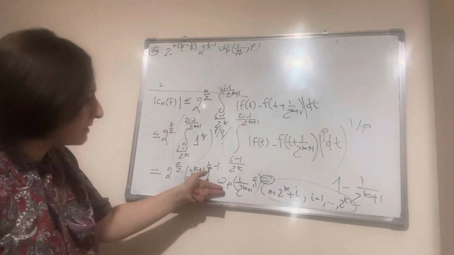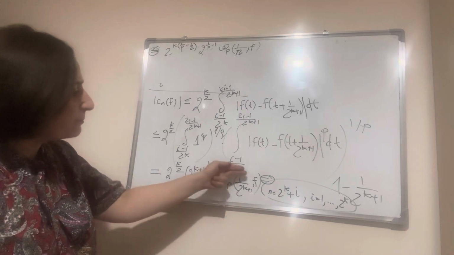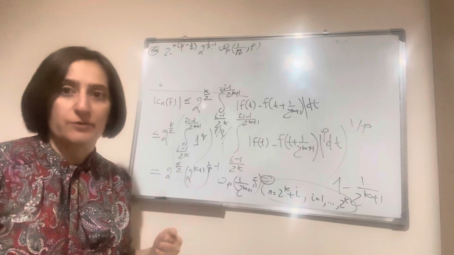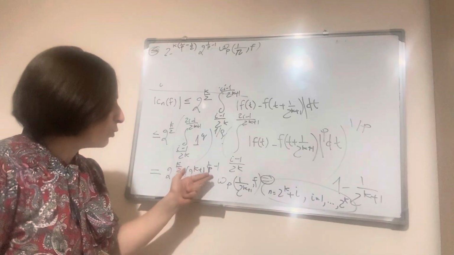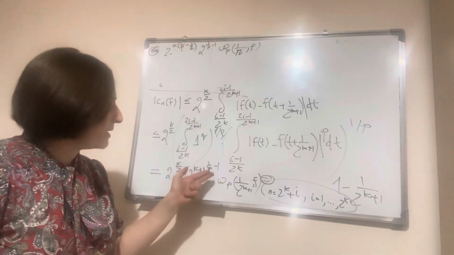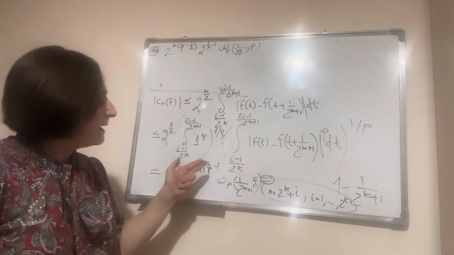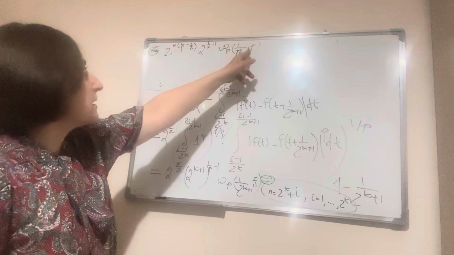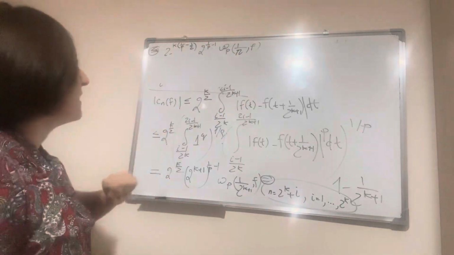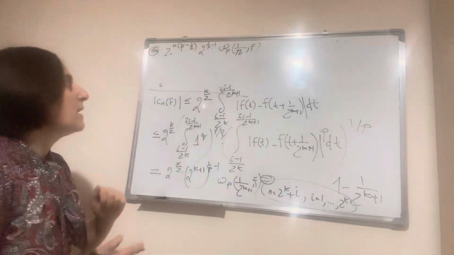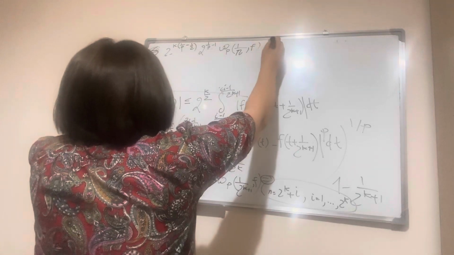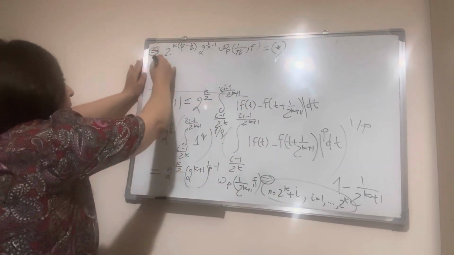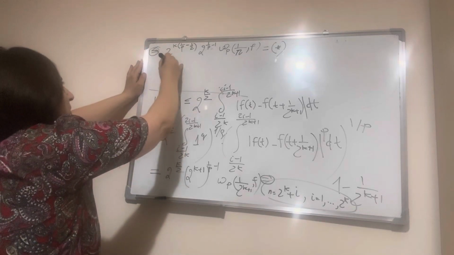The modulus of continuity at this smaller delta, 1 over 2^(k+1), is less than or equal to the p modulus of continuity at 1 over n. That fact is expressed here. Now this will be denoted by star. After this step we discuss cases.